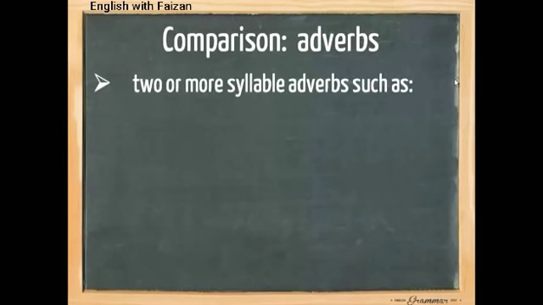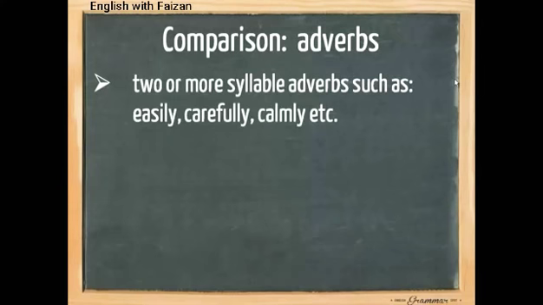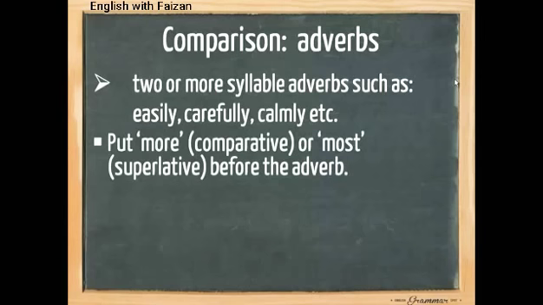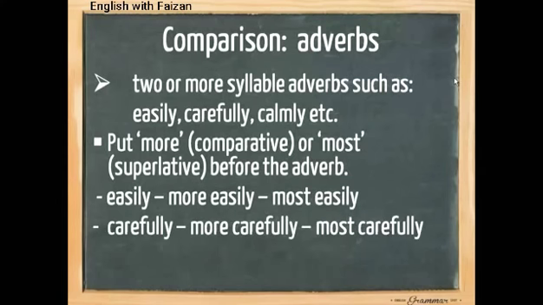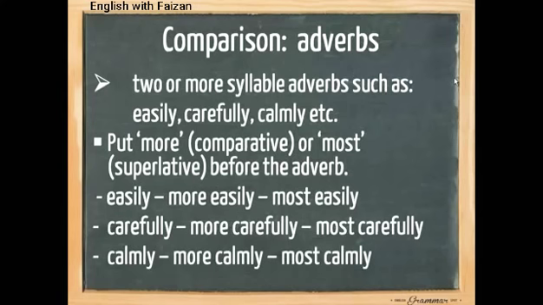When it comes to 2 or more syllable adverbs, such as easily, carefully, and calmly, we put more for the comparative or most for the superlative before the adverb. Easily, more easily, most easily. Carefully, more carefully, most carefully.